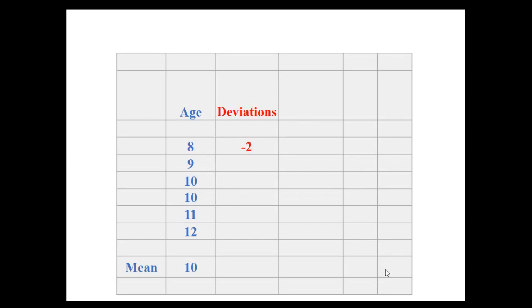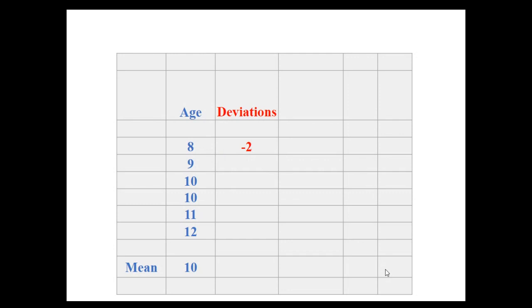Okay, the deviation is -2. So the raw score is 8, and the deviation of this score from the mean is -2. And there are two ways to get this answer. One way is to use the official formula for the deviation. We covered that in the last lecture.